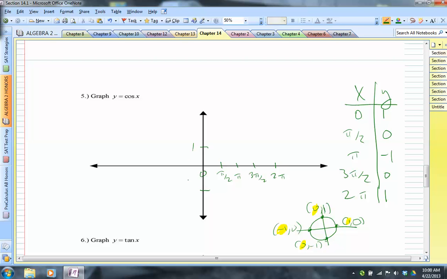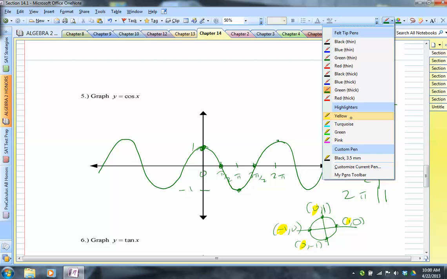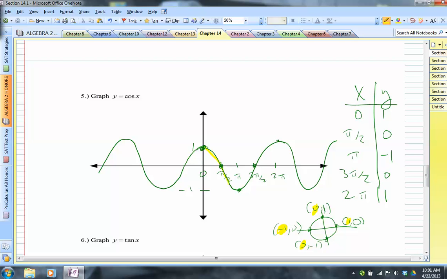So the way the cosine graph will look, we're going to plot the first point right here, then there, here, here, and here. And if you were to keep going, it would just repeat itself. Again, one cycle for cosine is still going to be 2 pi.